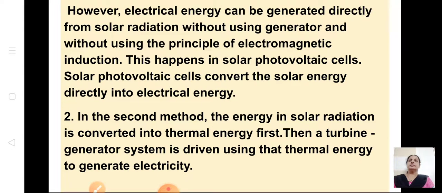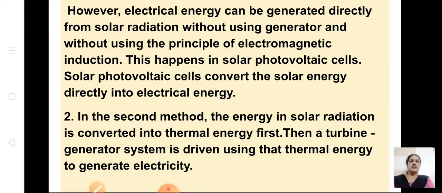But electricity can be generated by solar radiation without using a generator and without using the principle of electromagnetic induction. There is no need of electromagnetic induction; directly the solar energy can be converted into electricity. This happens in the solar photovoltaic cell.